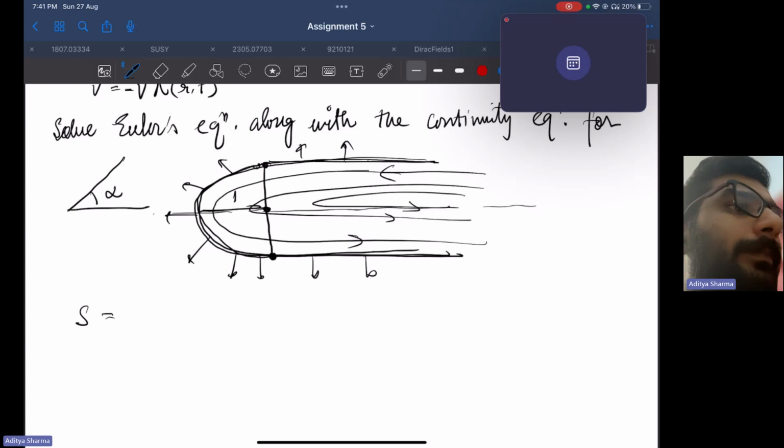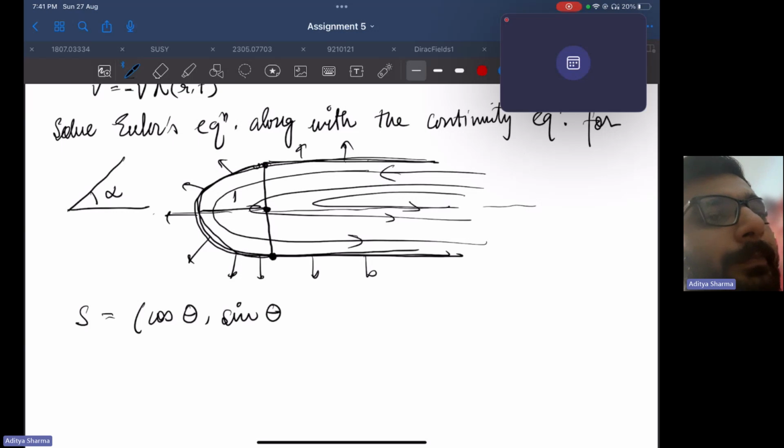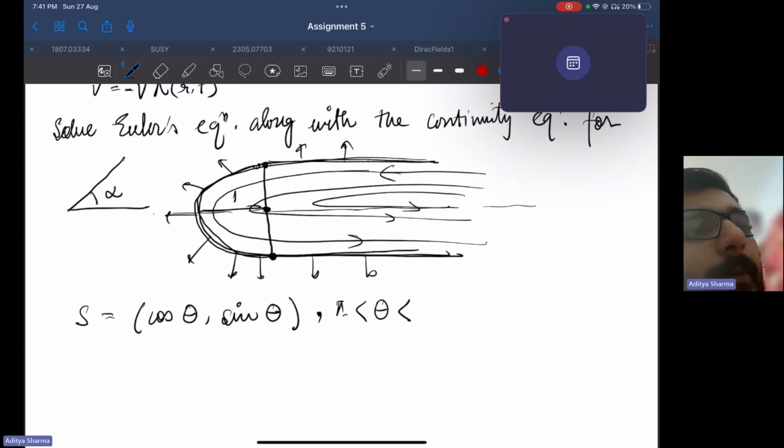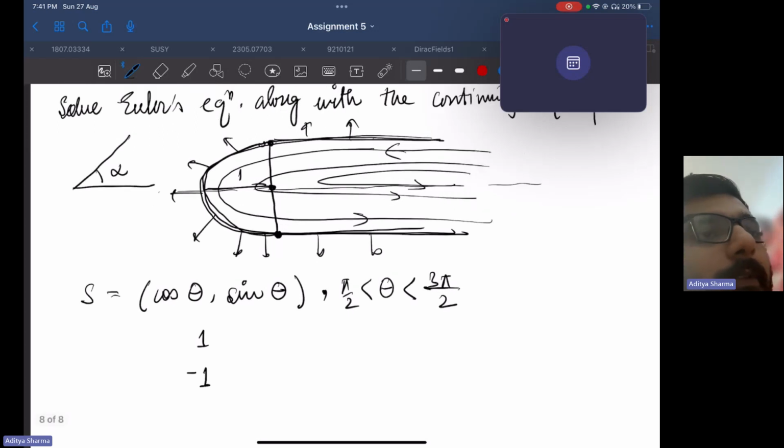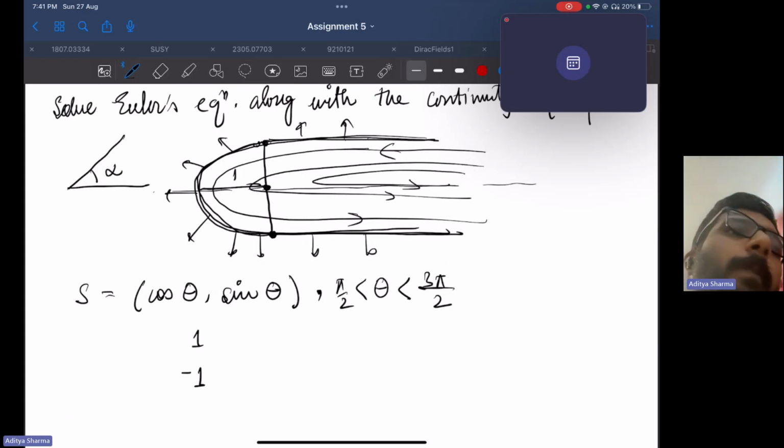So cos theta, sin theta with theta between pi by 2 to 3 pi by 2, and 1, minus 1, and 1, minus 1 when x is greater than 0.